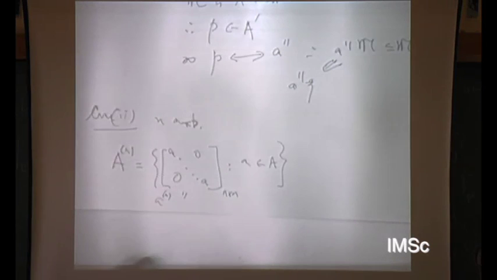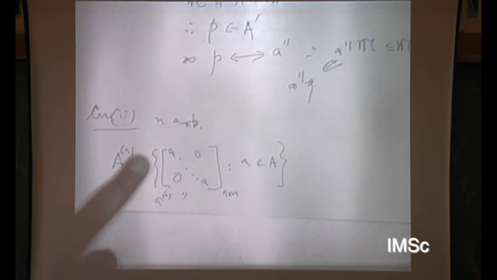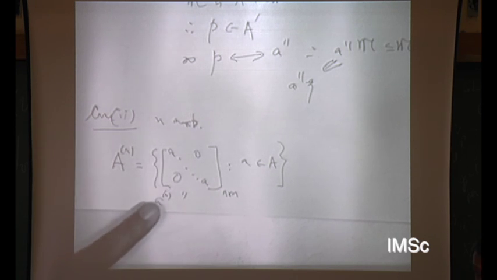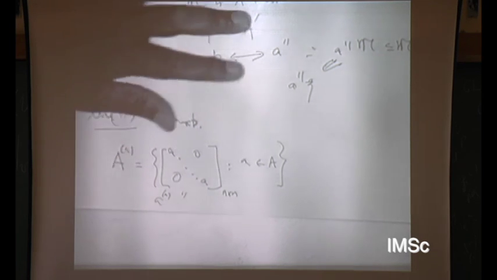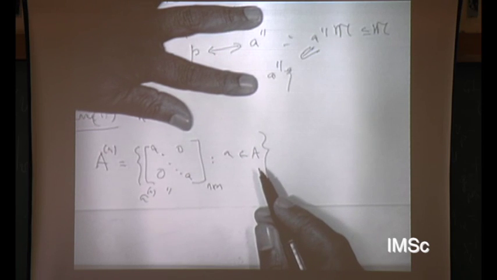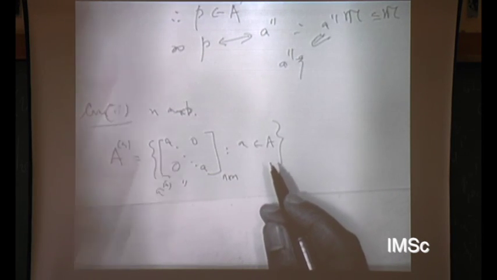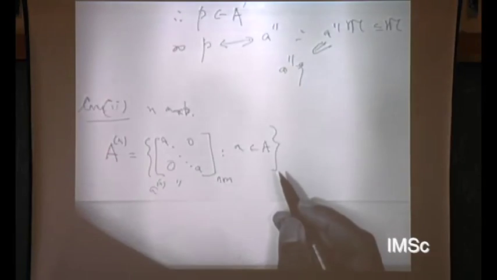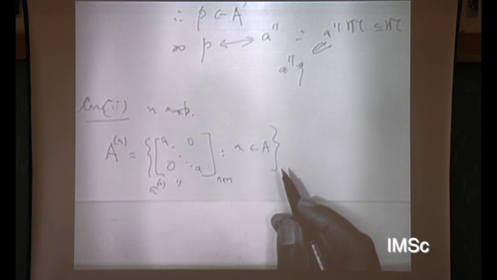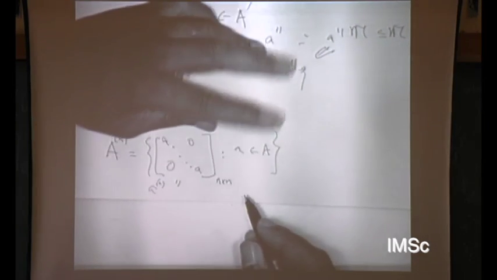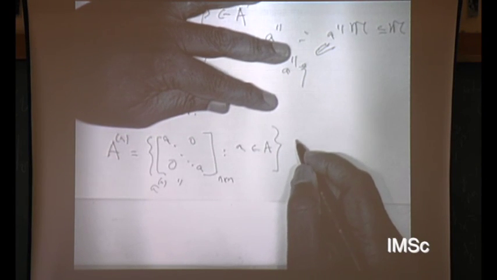For an A in 𝒜, we'll write A upper n to denote this operator. I say this operator. Where is this an operator? I've written a matrix, so this is an operator on what space? Direct sum of n copies of the Hilbert space, right?